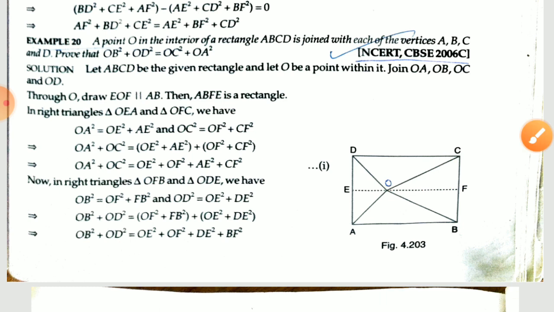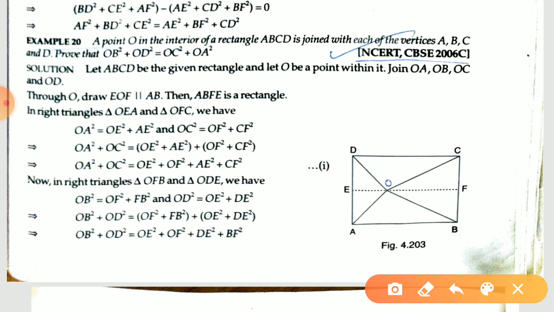And now adding these two equations, we will get OA square plus OC square is equal to OE square plus AE square plus OF square plus CF square, or we can write OA square plus OC square is equal to OE square plus OF square plus AE square plus CF square, means this is adjustment. And now this is equation number 1.